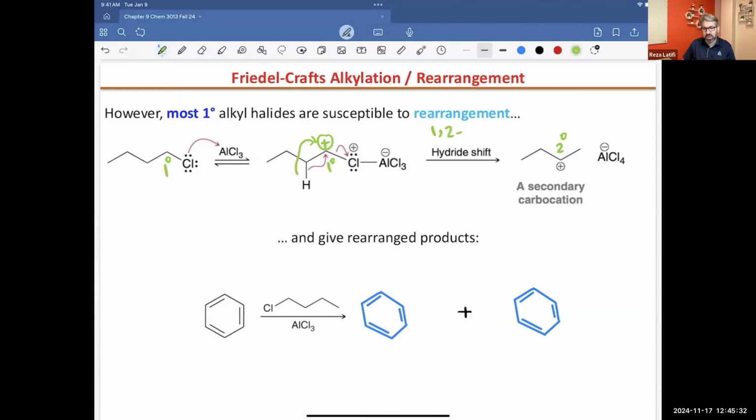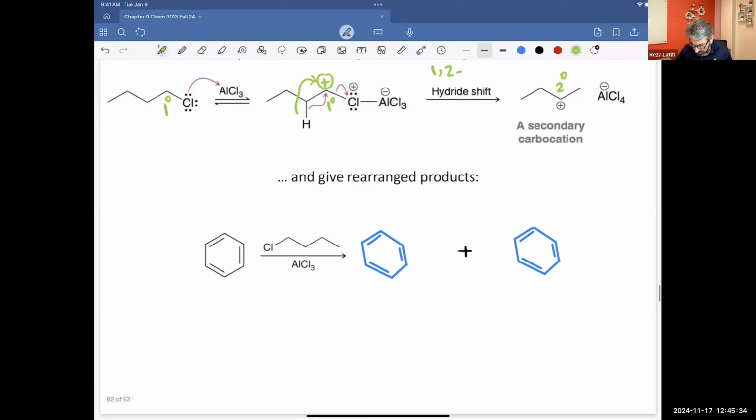It can attack the ring, and you will get this product. So I have a secondary carbon with two carbons attached to it. Remember, we have 1, 2, 3, 4 carbons total, so this is the first carbon, 2, 3, and that's the fourth one. As you see, I got a secondary butyl attached to the ring.